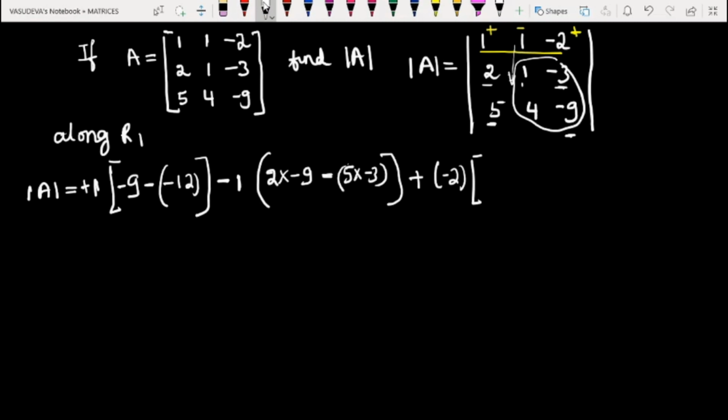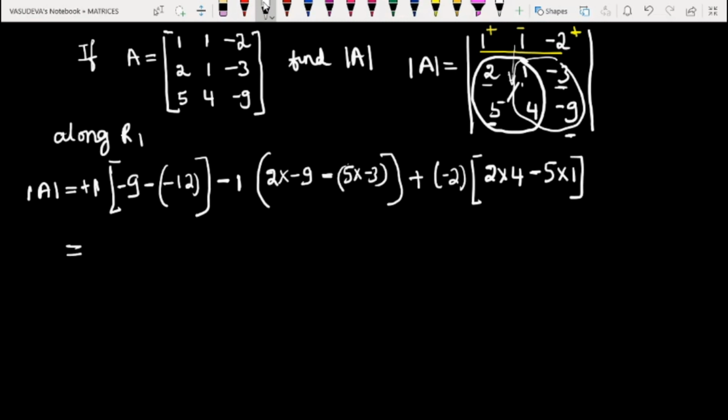The remaining elements are 2, 1, 5, 4. Multiplying crosswise: 2 into 4 minus 5 into 1.